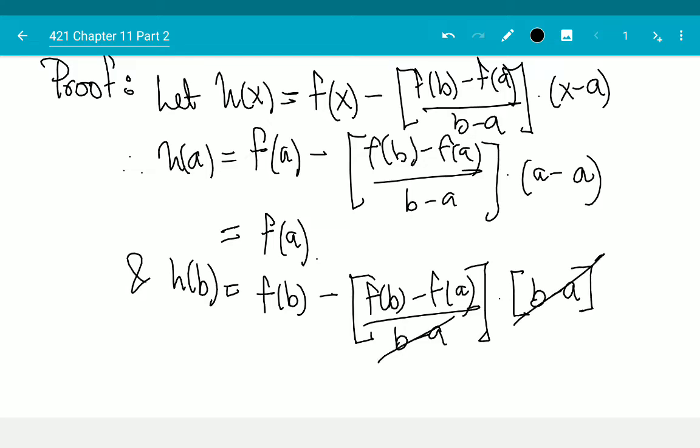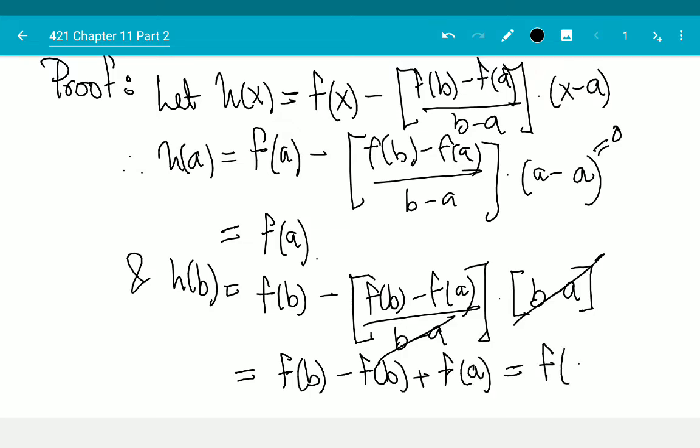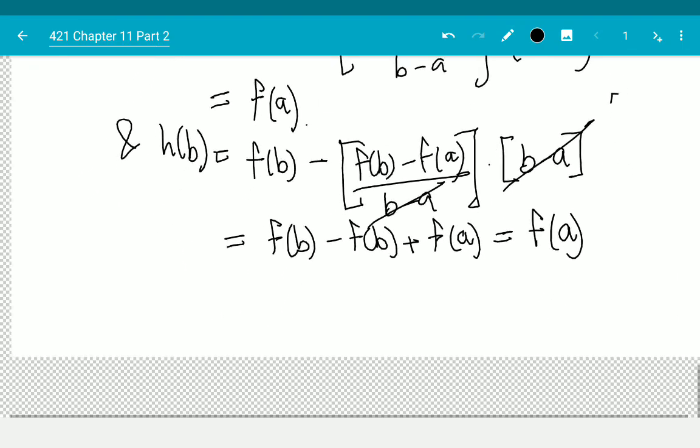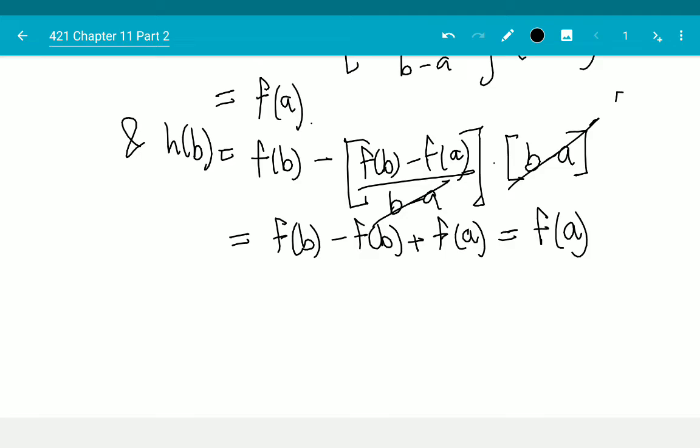Well, the b minus a cancels, and I get f of b minus f of b plus f of a, which is equal to f of a. So I do have that h of a is equal to h of b, right? Therefore, h of a is equal to h of b.